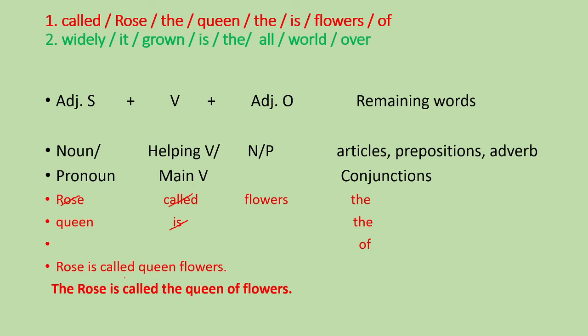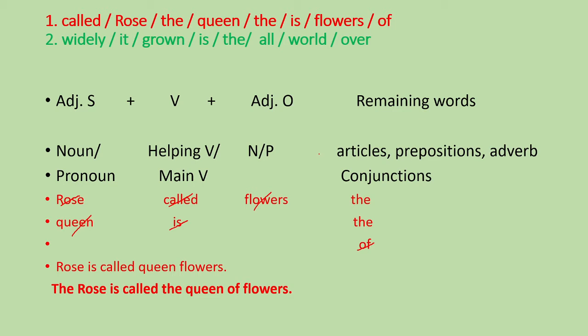Rose is called queen of flowers. So of, we can cut off from here. Flowers we have used, queen we have used. We are left with two the's. So obviously this becomes our sentence: The rose is the queen of flowers. This is how we have to utilize this equation. It makes a complex sentence easier for you to do.